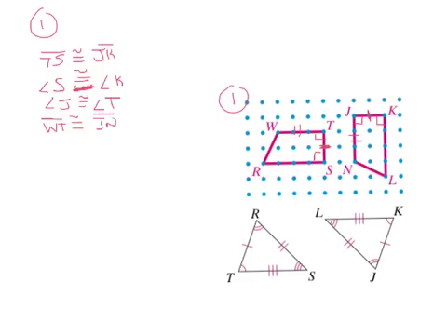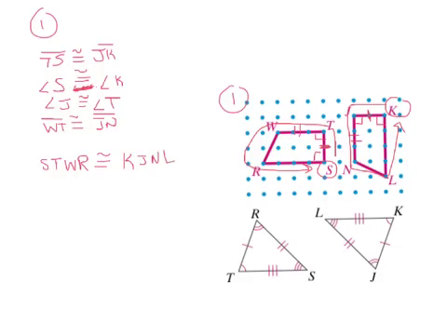So if we look at the sides that are congruent, if I want to write about the shape, I start at S and go STWR, so work around this way, around the shape, and I want to say it's congruent to, S corresponds with K, and then if I work around this way, because of which sides are congruent, I will say STWR is congruent to KJNL. And that's the statement of congruency.